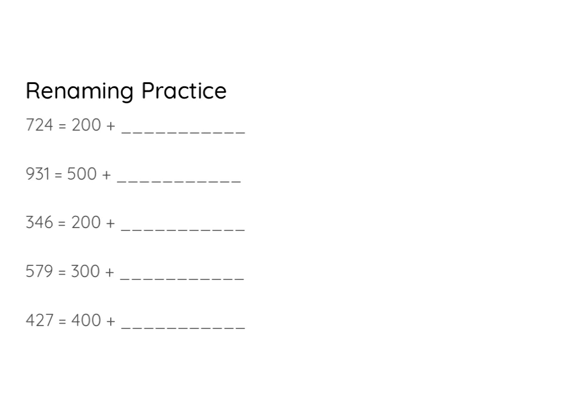All right, 724 equals 200 plus 524. 931 equals 500 plus 431. 346 equals 200 plus 146. 579 equals 300 plus 279.